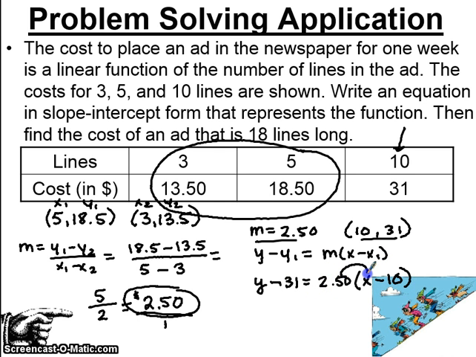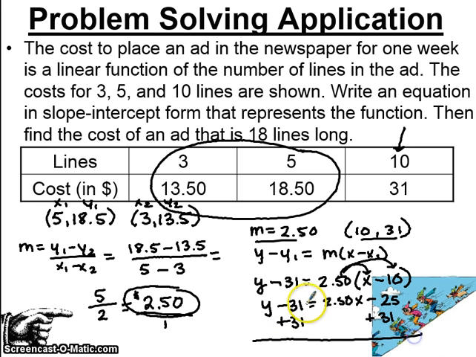So do the distributive property to simplify. 2.50 times x is 2.50x. 2.50 times 10 is 25. A positive times a negative is a negative, so minus 25. So we have y minus 31 equals 2.50x minus 25. Add 31 to each side. We get y equals 2.50x plus 6.